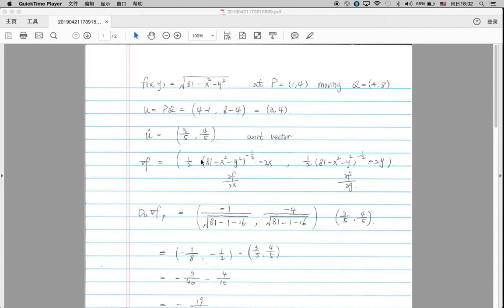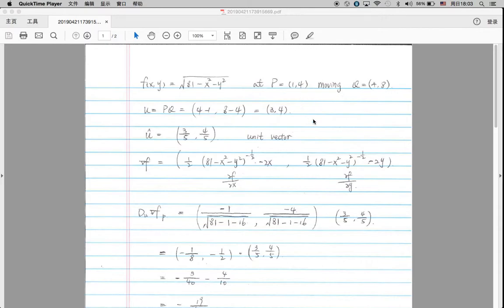First, let's calculate the vector PQ pointing in that direction. It is the difference between these two vectors: x is 4 minus 1 and y is 8 minus 4. So the vector is (3, 4).